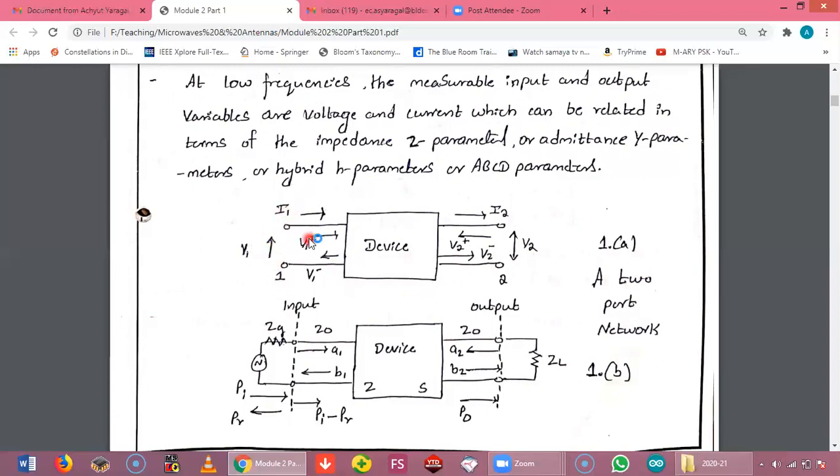V1 plus is considered the incident voltage, and V1 minus is the reflected one. On the same side, there is port 2. Across port 2, there is voltage V2 and output current I2. Again, there is V2 plus, which is incident at port 2, and V2 minus, which is reflected.